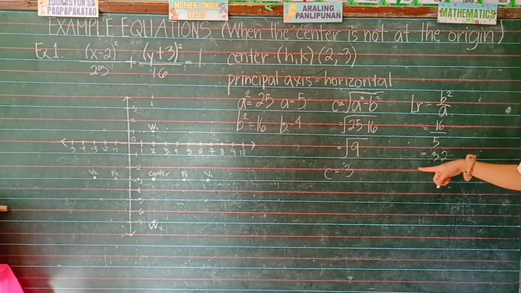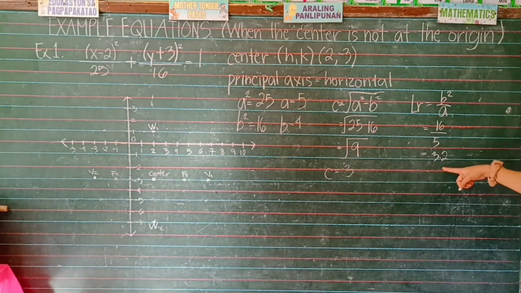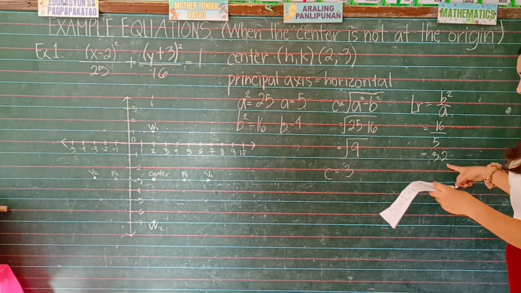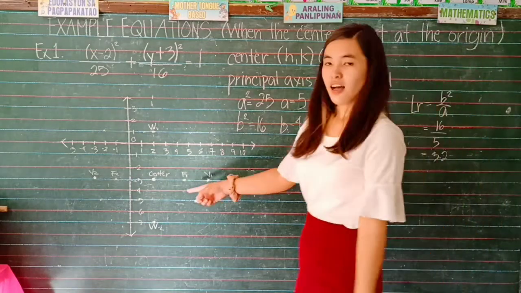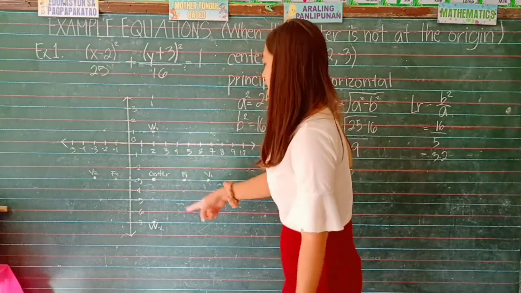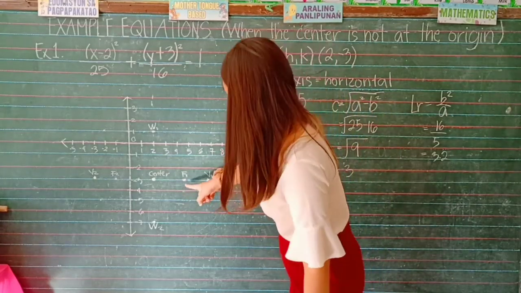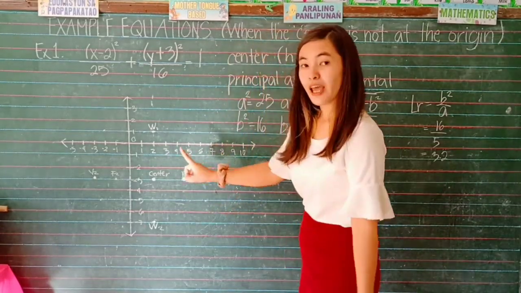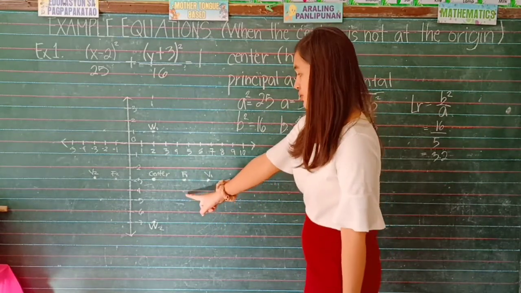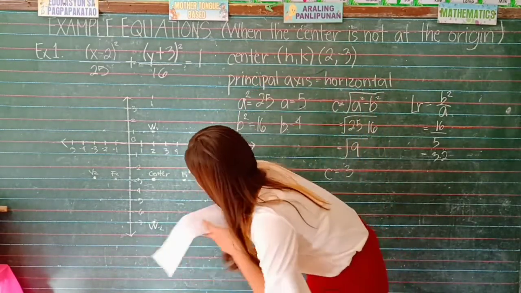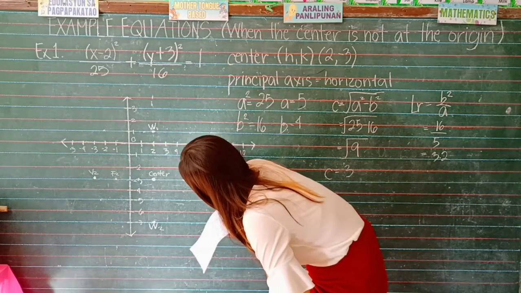So the value of our latus rectum is 3.2. Let's graph it. Since this is horizontal, the latus rectum is found up and down at the focus. So let's go 1, 2, 3.